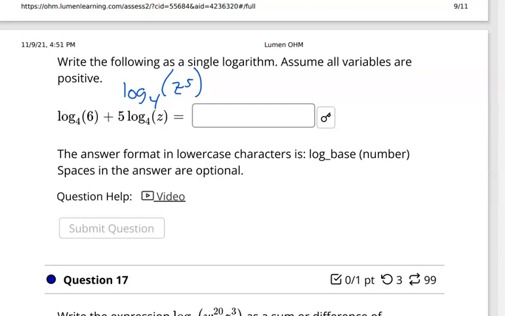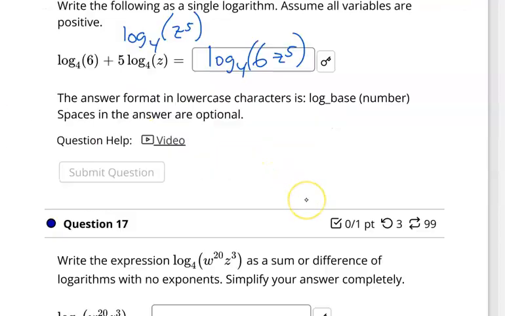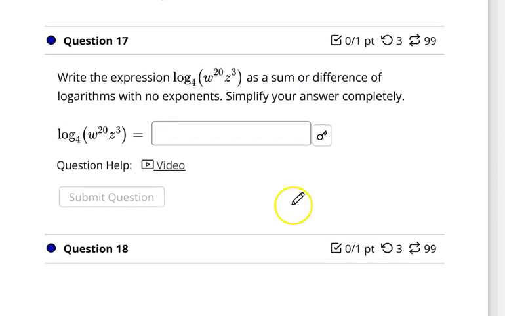Well, this doesn't simplify to any exponents, but we are adding them together, so that's the same as multiplying 6 and z to the 5th. So that becomes the same as log base 4 of 6z to the 5th. Product rule and exponent rule. And we get a little bit more here. We need to break that apart, going the opposite direction. Let's do the product rule first.